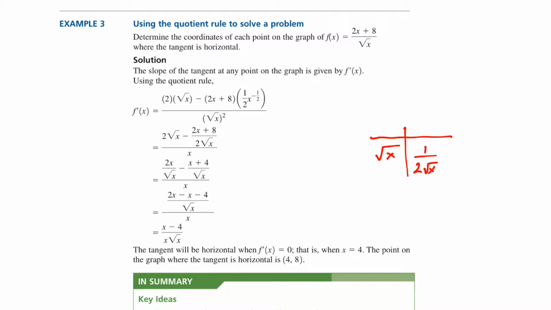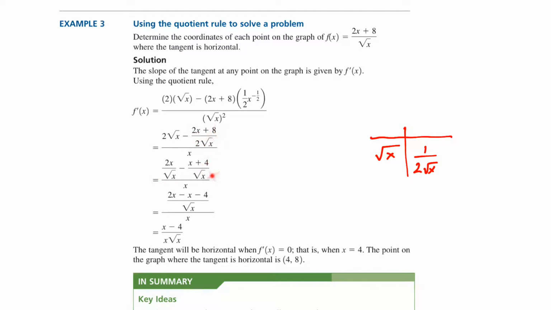It can be written as x to the power of 1 over 2, and we take the derivative. By applying the quotient rule, the derivative is 2 root x, the derivative of the numerator times the denominator itself, minus the derivative of the denominator, 1 over 2 root x, times the numerator 2x plus 8.